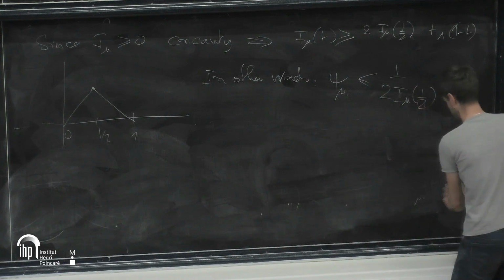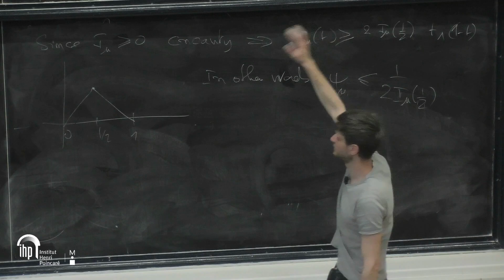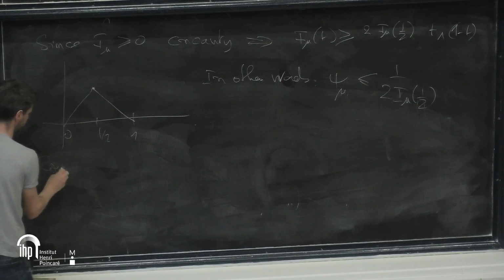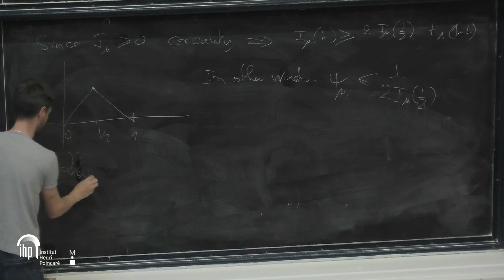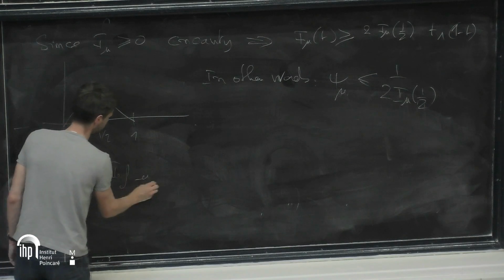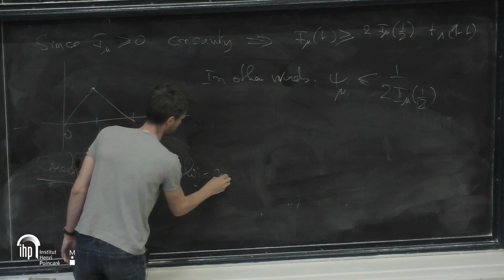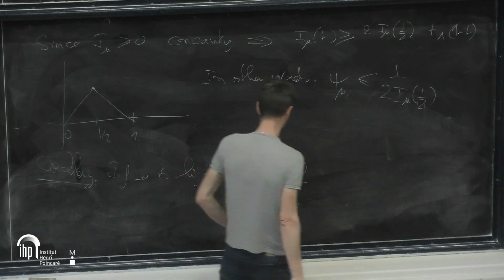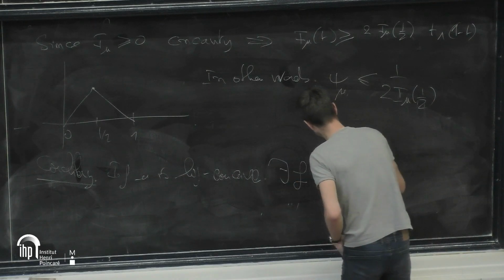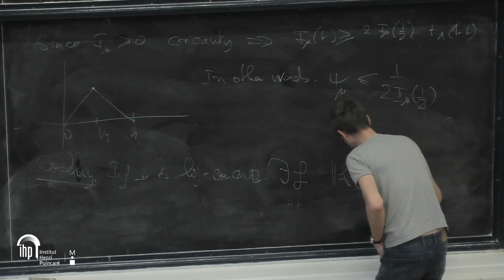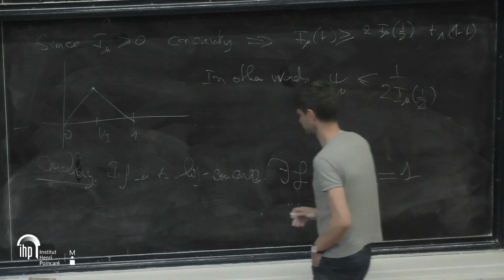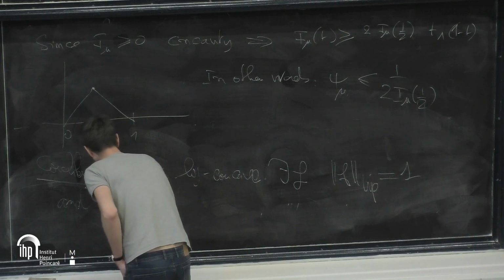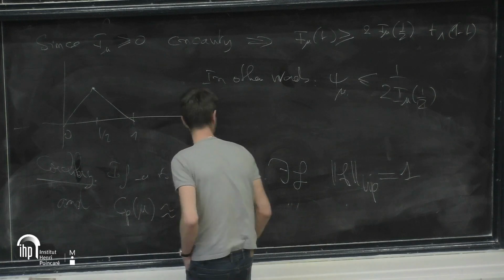If you combine this with all the above, you arrive at the following corollary. If mu is log concave, there exists a function f which is 1-Lipschitz and such that the Poincaré constant of mu is roughly the same as the variance of f.